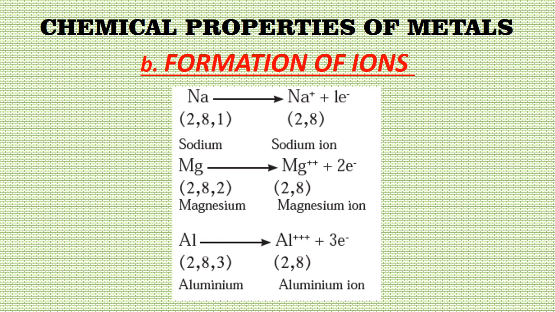If we see the electronic configuration, that is 2, 8, 1, as only one electron is there in the outermost orbit, hence it loses that electron to form positively charged ion. So we get sodium ion. Similarly, we can see for magnesium also, in the outermost orbit we have only 2 electrons. So it loses those 2 electrons and forms magnesium ion, and same for aluminium.